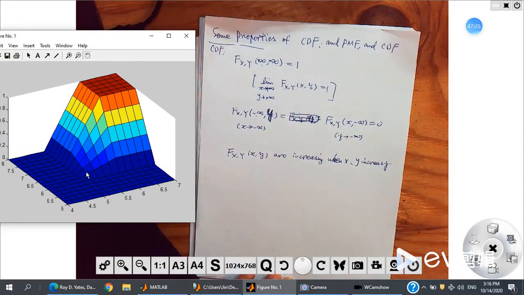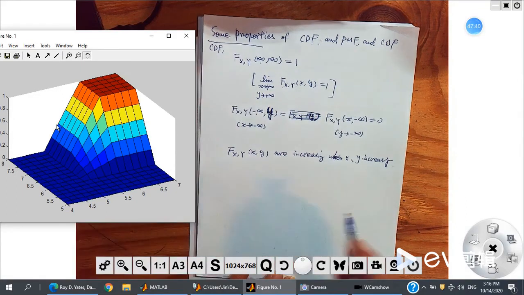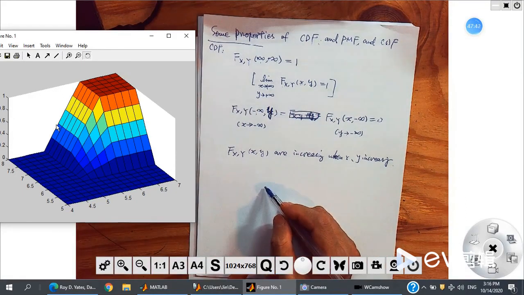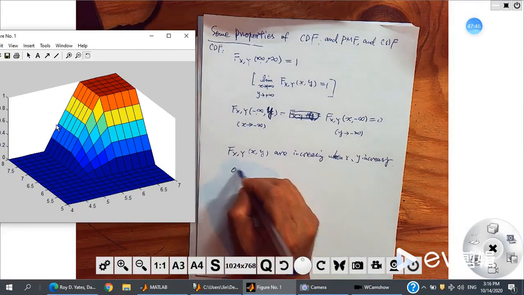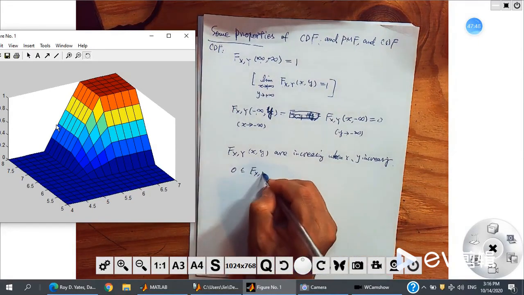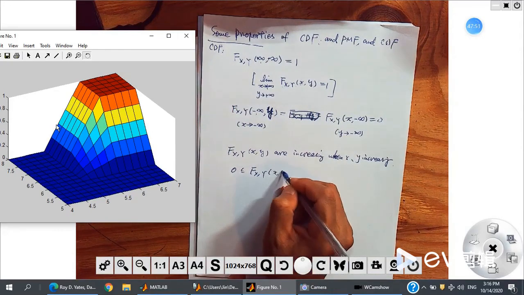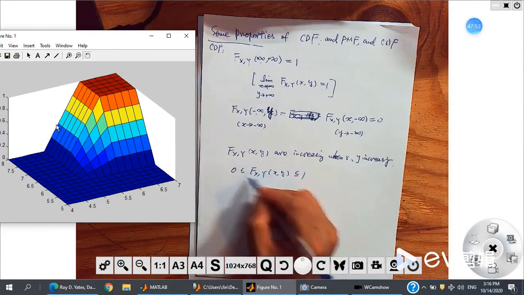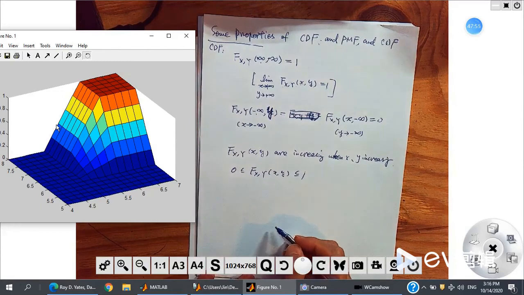Now x is increasing, so F is increasing. If you let y increase, then the value of F is also increasing. What else? You can write one more: the value of this should be between 0 and 1.